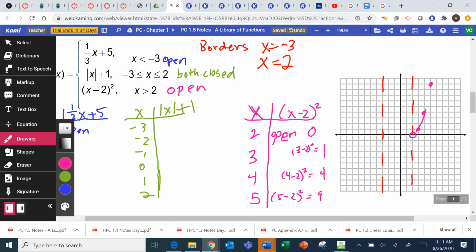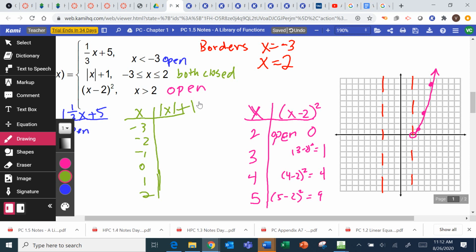And you should look at it and be like, well, that is quadratic. That is a parabola, so it should have that kind of parabola shape even though it's not the whole thing. It should not be a straight line. The middle one is absolute value, so it should potentially have a V shape, but it depends what part of the V we end up graphing.